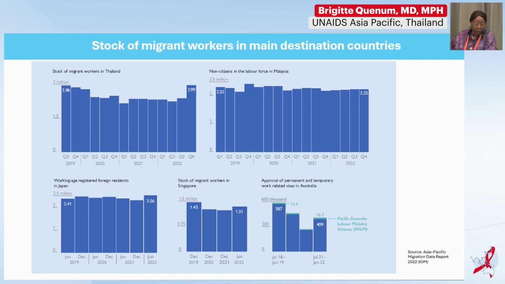Malaysia, 2.5 million, about 7% of the total population of 34.6 million. Japan, 2.56 million in terms of volume of migrants. Singapore, and finally Australia. So these are popular destination countries.